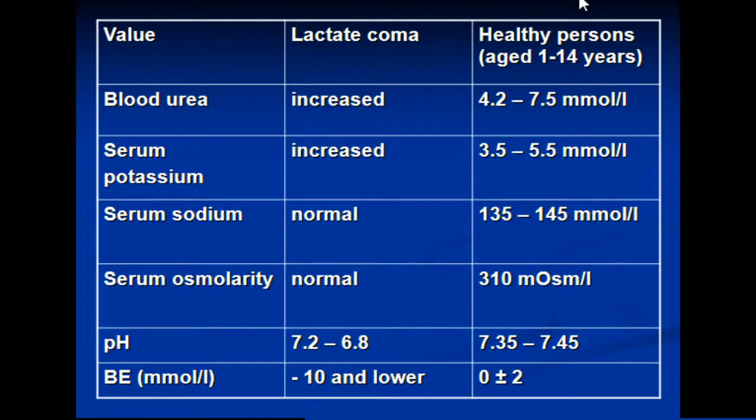Blood urea increased. Serum potassium increased. Serum sodium normal. Serum osmolarity normal. pH 7.2 down to 6.8. Buffer capacity minus 10 and lower.